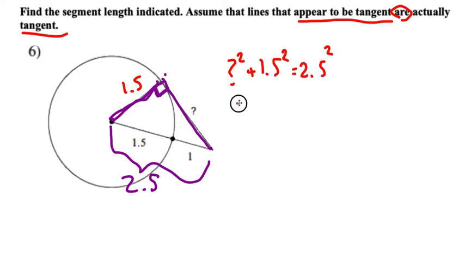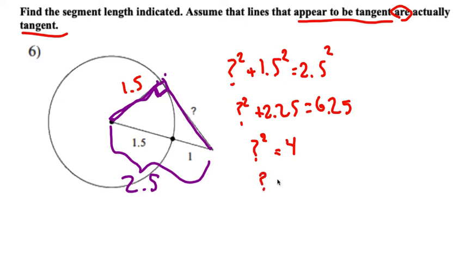Now, off the top of my head, I don't know what these are. I believe this is 2.25. I believe this is actually 6.25, so maybe I lied. But in any event, we can now subtract 2.25 from both sides and we get 4. And I happen to know that the square root of 4 is 2.